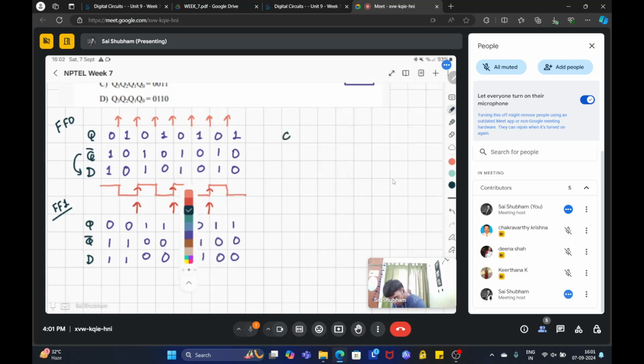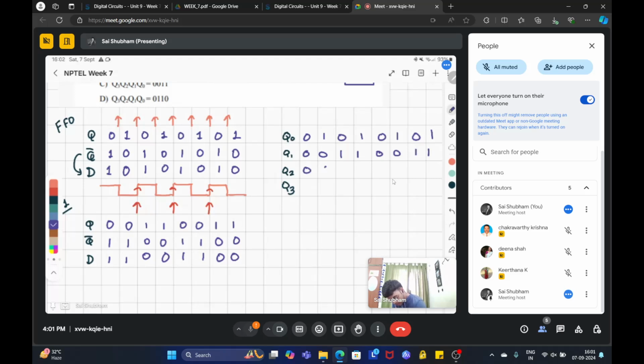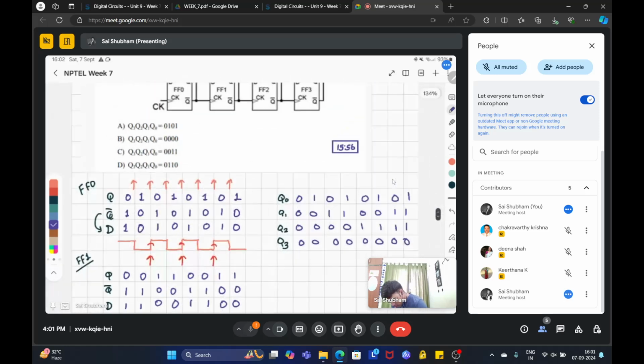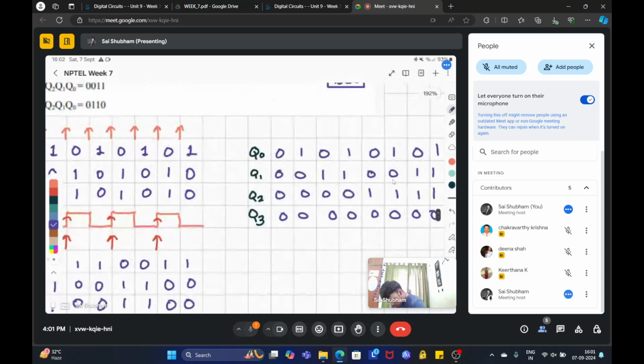So if you do it for Q0, Q1, Q2, Q3, the pattern that will come is something like this. Okay. So what is the question? The question is Q3, Q2, Q1, Q0 after the 6th cycle.